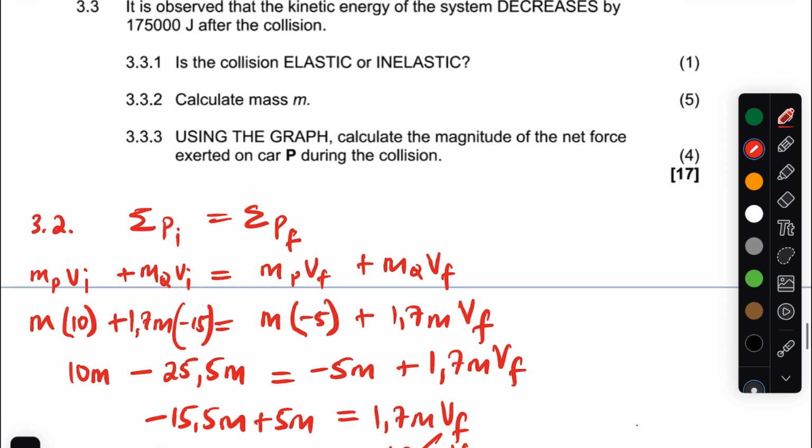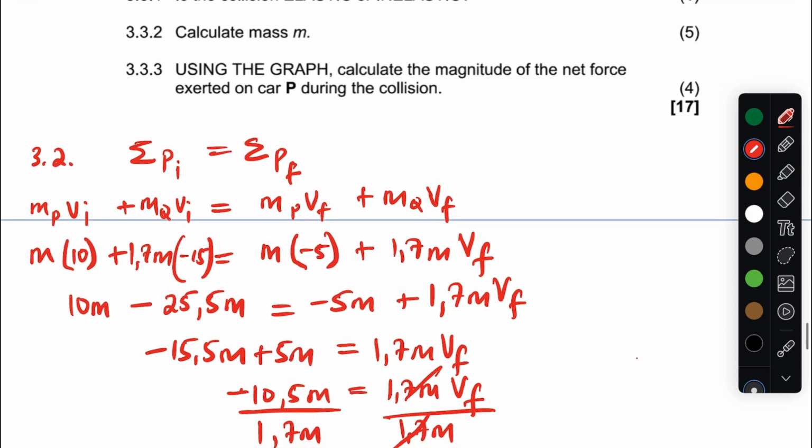The following question, it says, it is observed that the kinetic energy decreased by 175,000 joules after collision. So if the kinetic energy has decreased, that means the velocity has what? Has decreased. So the question here is asking, is the collision elastic or inelastic?